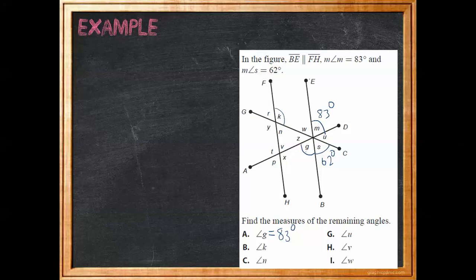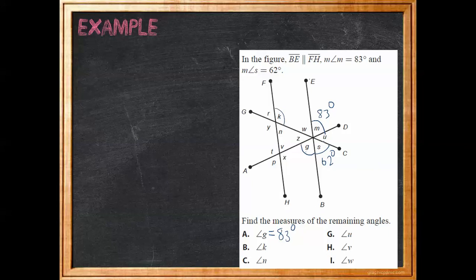And it's going to need to be on this transversal right here, because angles can only be congruent along the same line of the transversal when we're proving. Until we prove that one angle is equal to another, we can only look at one transversal. So if we look here at angle M, we have almost what we need, but in order for it to be corresponding to K, we need also U. M plus U is going to be corresponding to K.